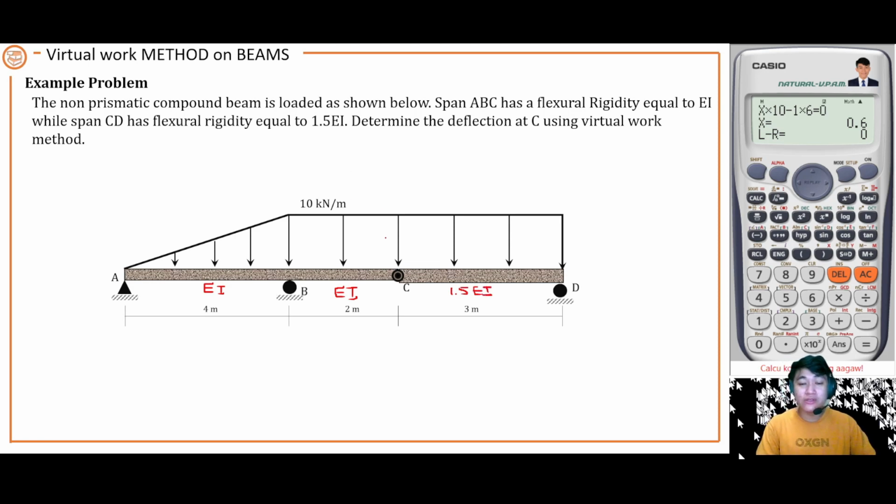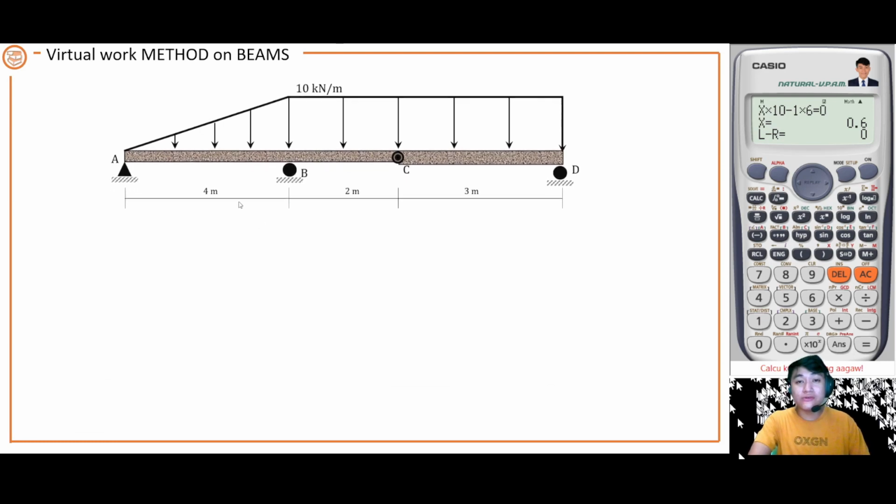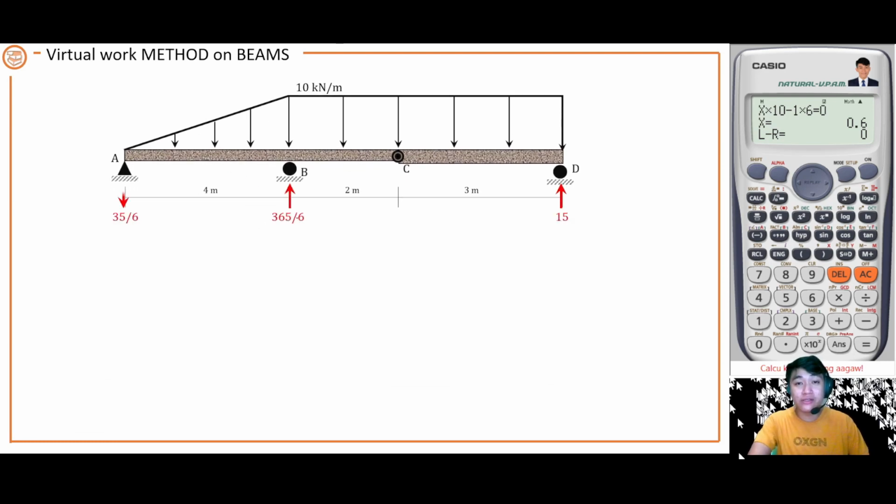So we are going to determine the deflection at C using virtual work. Okay. So first is to solve the reactions at the support for this real beam. Because later on we are going to identify its moment functions. Okay, so solve the reactions at the support.